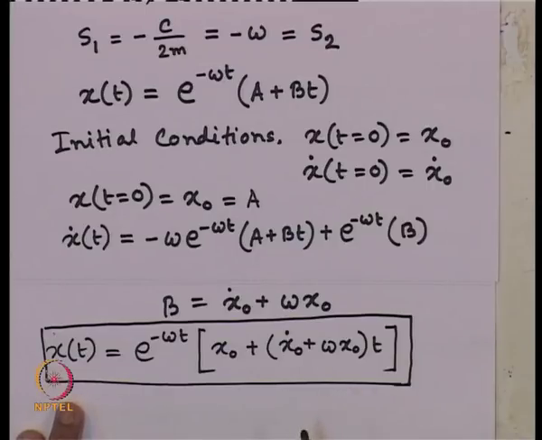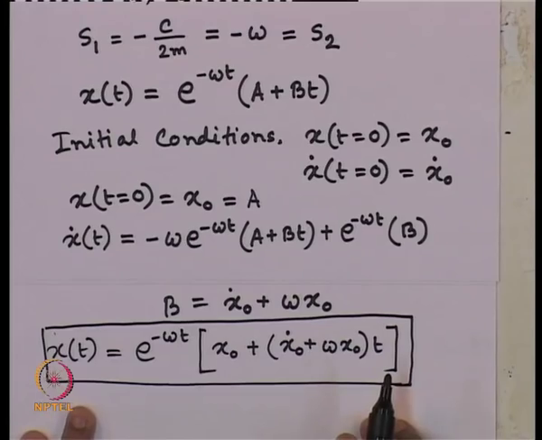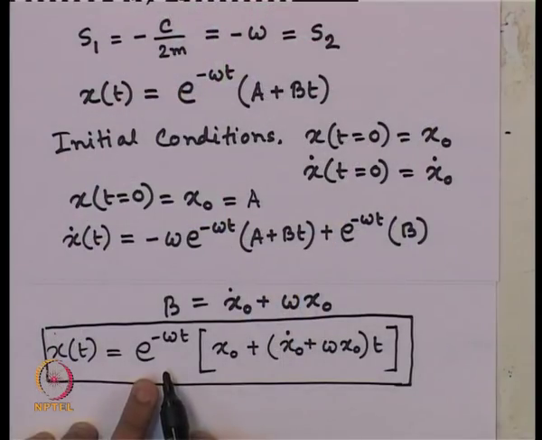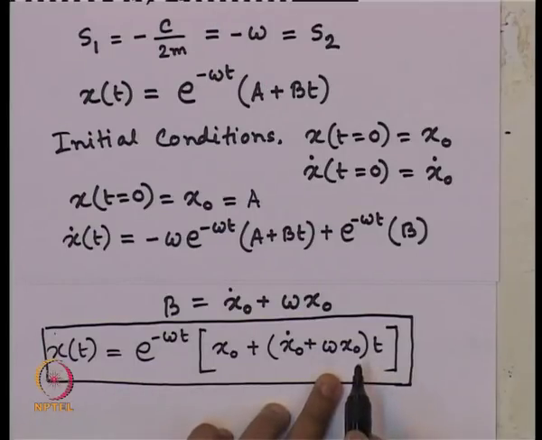Now, how can we plot this response, because finally, we want to look at the behavior of the response, that is how x of t varies with respect to time. If we look at this expression, let us see what components it has. It has one exponential component and a polynomial component.